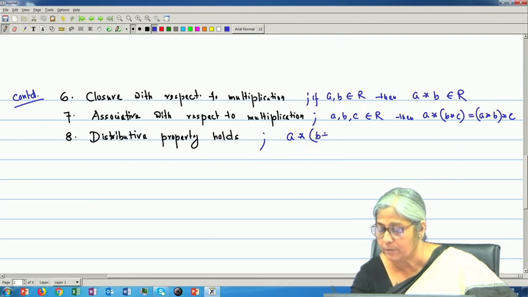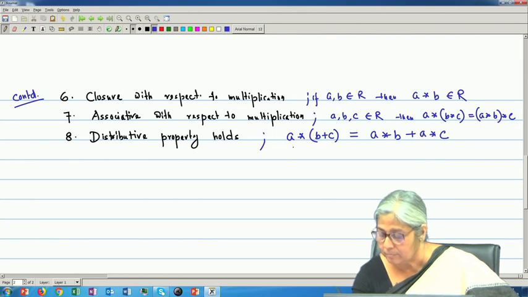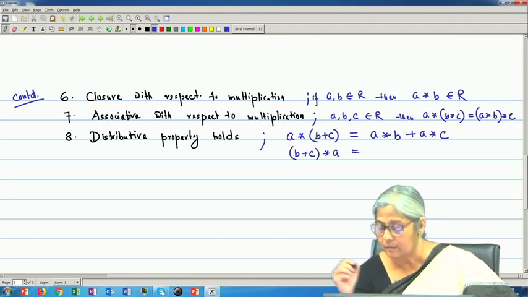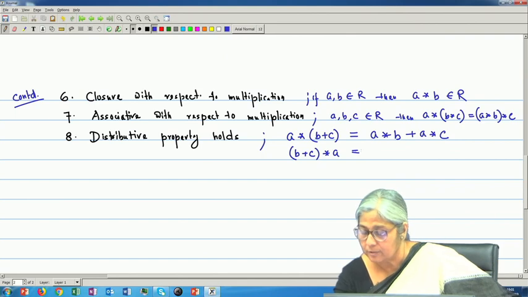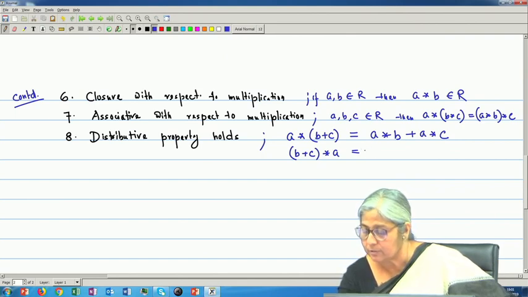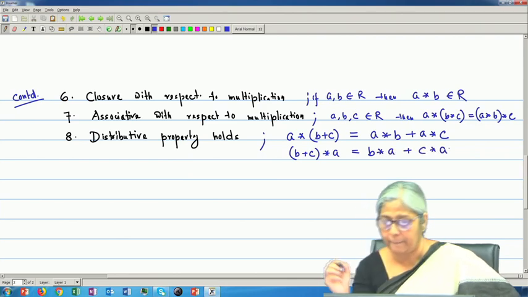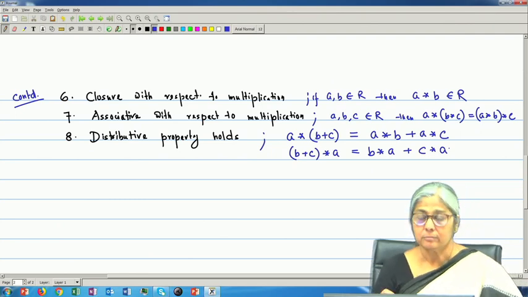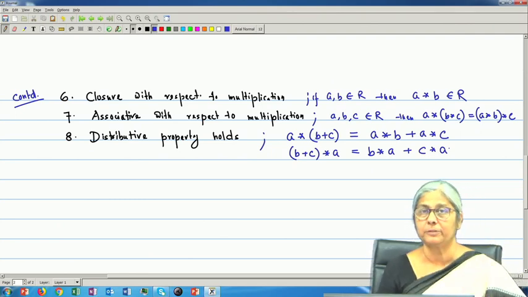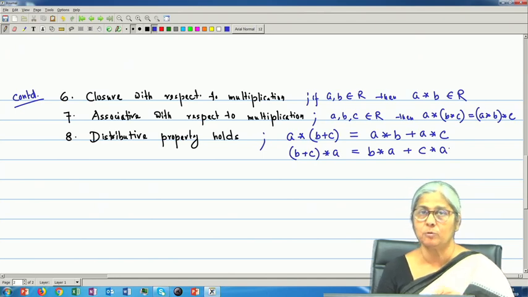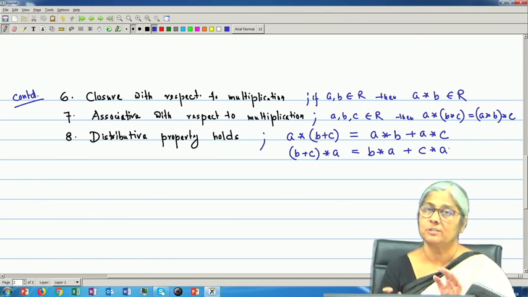So, A star (B plus C) equals A star B plus A star C, or I can write (B plus C) star A equals B star A plus C star A. So, these are the three additional properties over an additive commutative group that make an algebraic system a ring.